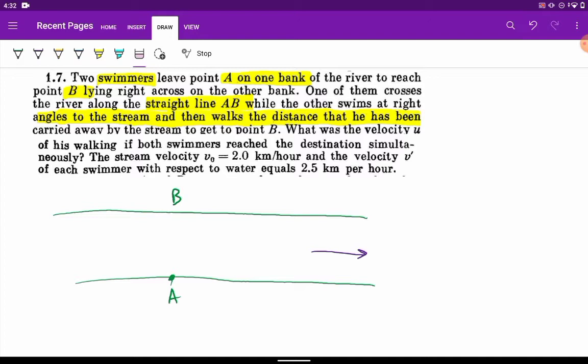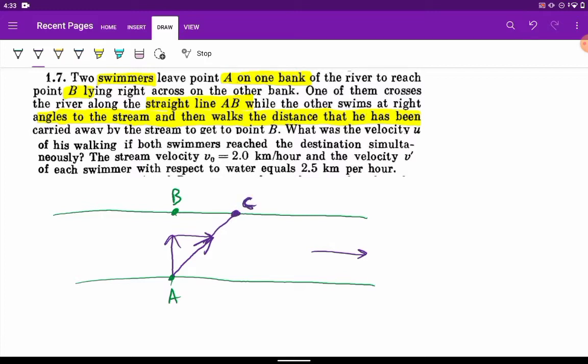And for the case of the second swimmer, it also starts from A, and it starts swimming at right angles, but due to the river velocity, it goes in some oblique direction and reaches some point C, let's say.